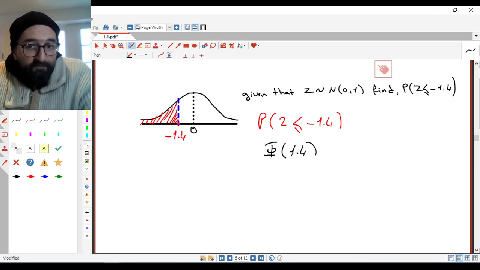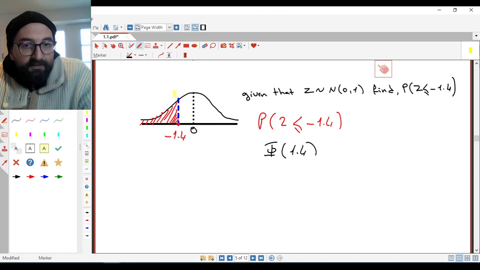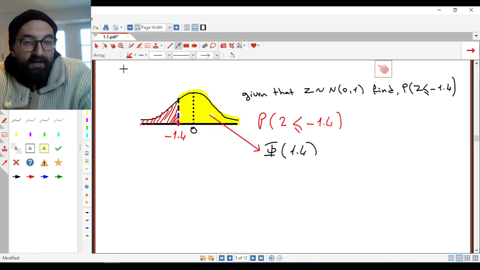So 1.4 gives us the big area, which is separated two parts by negative 1.4. If I looking for phi 1.4, I can see big area.